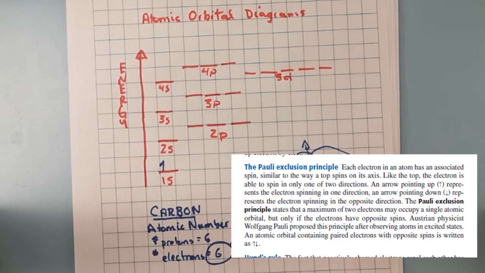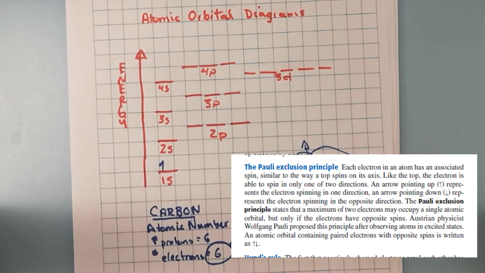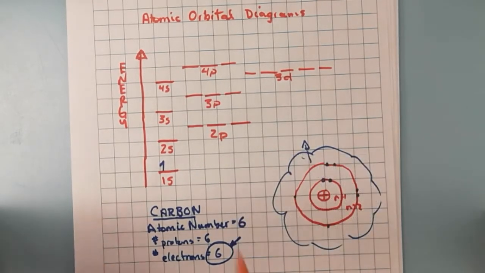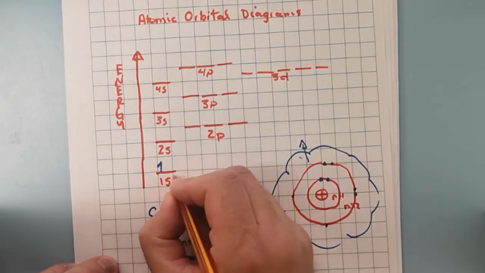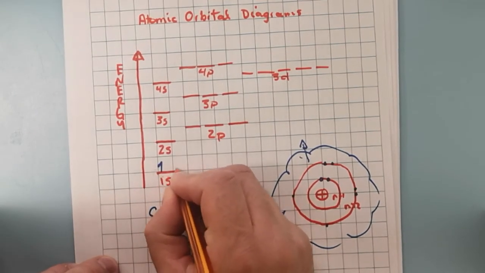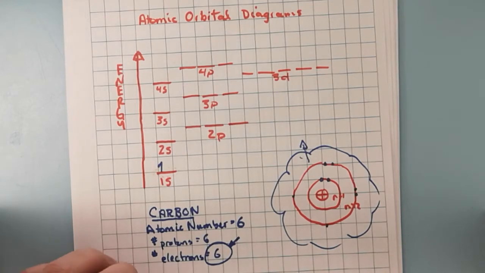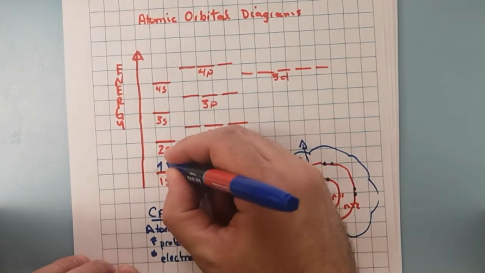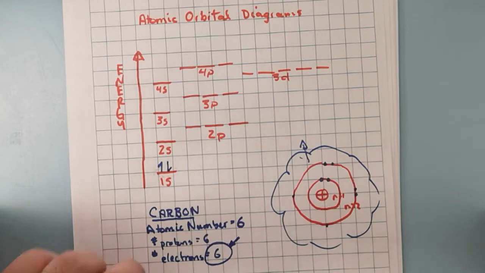The Pauli exclusion principle states that a maximum of 2 electrons may occupy a single atomic orbital, but only if they have opposing spin. This is an atomic orbital, this little position here, this slot, this opening. So our second electron will occupy the same atomic orbital, but have an opposing spin.